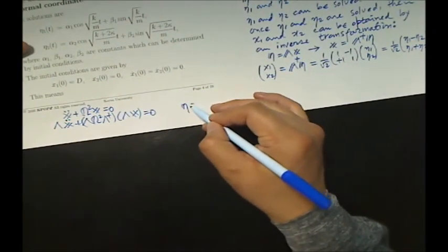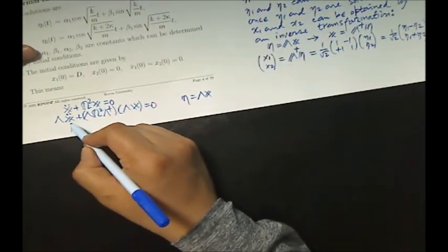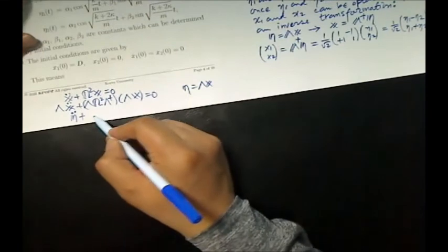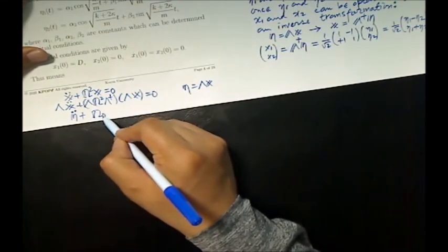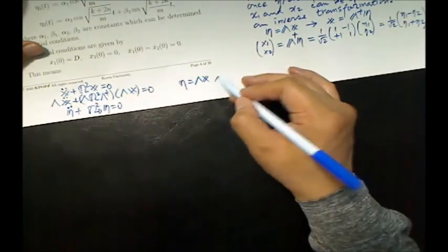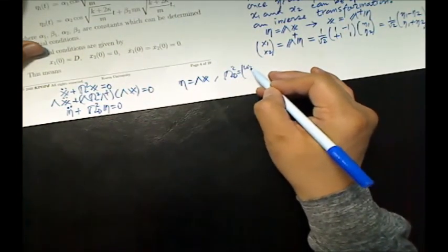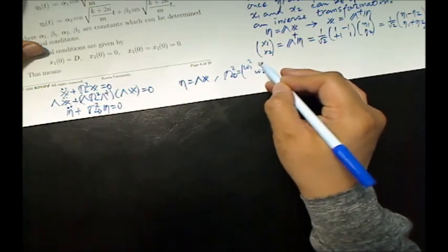So we call eta to be lambda x, right? Then eta double dot plus omega d squared eta equals 0. We know that omega d squared is omega 1 squared and omega 2 squared.